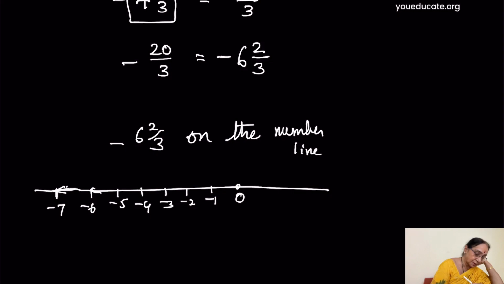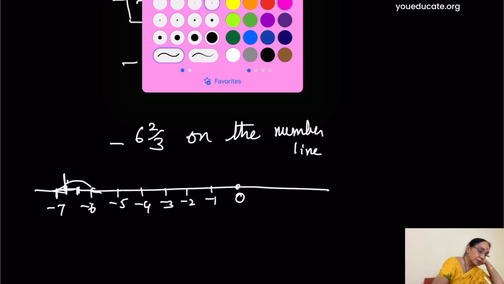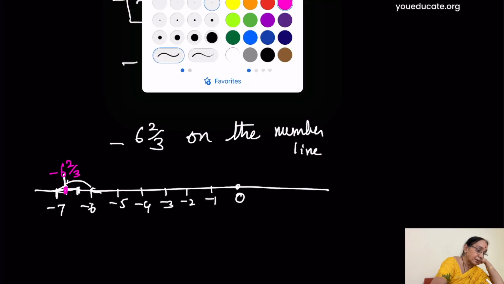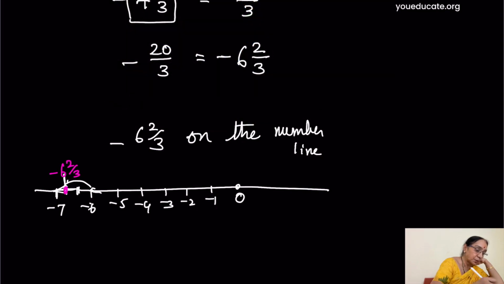So if this interval between negative 6 and negative 7 is divided into 3 equal parts, 2/3 here, this position is your negative 6 and 2/3. So now we will try to find out the two integers, one immediately less than and one immediately greater than the given number.